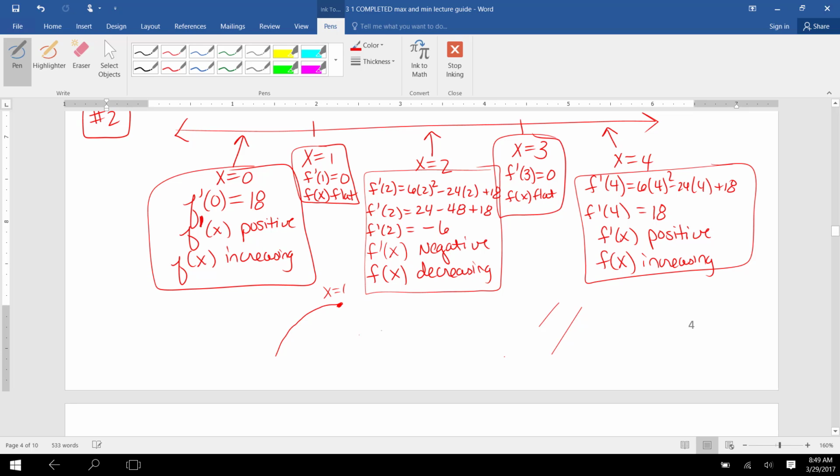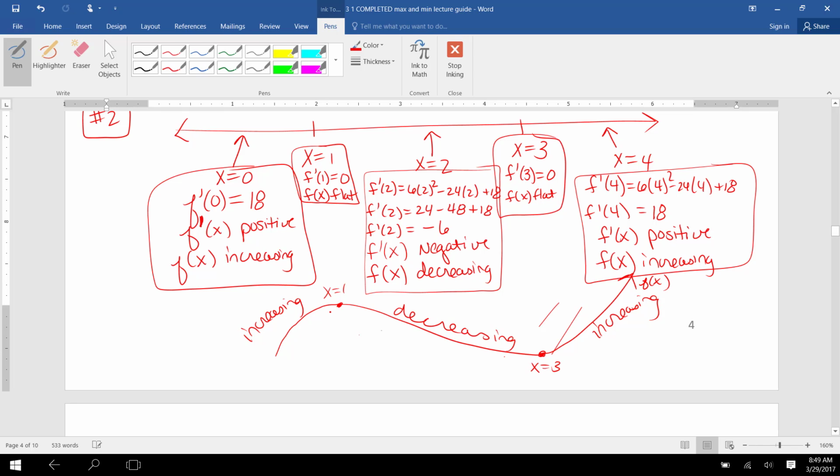Then it's decreasing between 1 and 3, and then flattens again. So maybe something like this. Over here to x equals 3, it's decreasing, but then flat at the end, and then it's increasing again. So I've just sketched what f of x must look like.